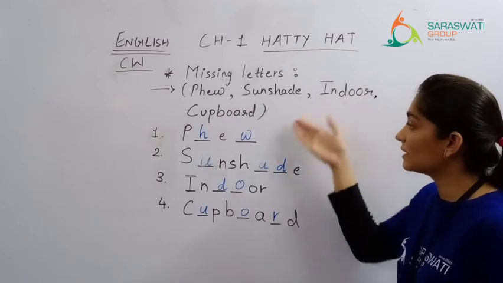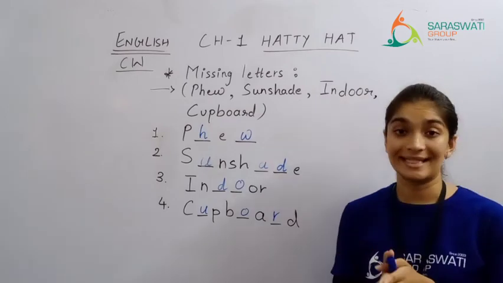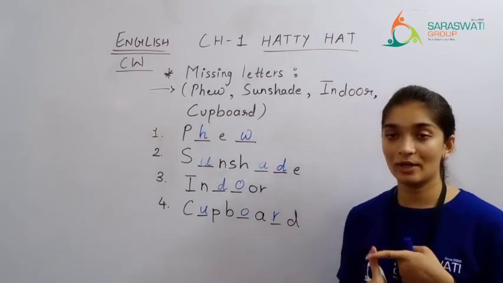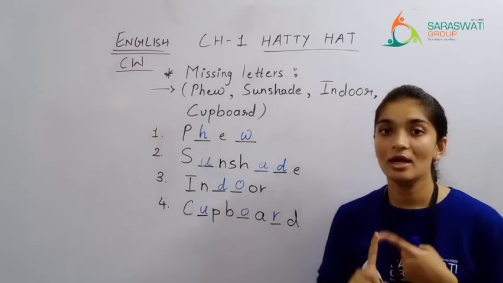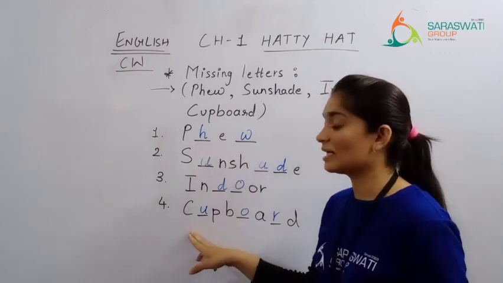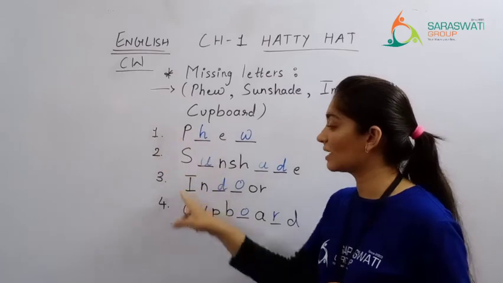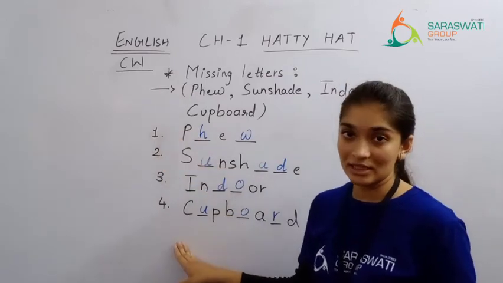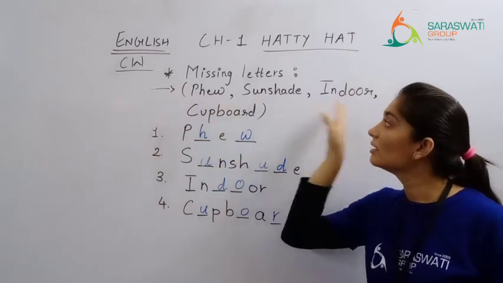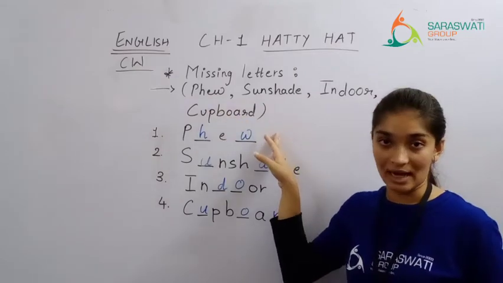So these were the words which we used in missing letters, right? First thing you have to do, whenever you see a word, just look at the initial letters, that is, just look at the first letters. Then compare it and match it with the words given in the brackets, right?